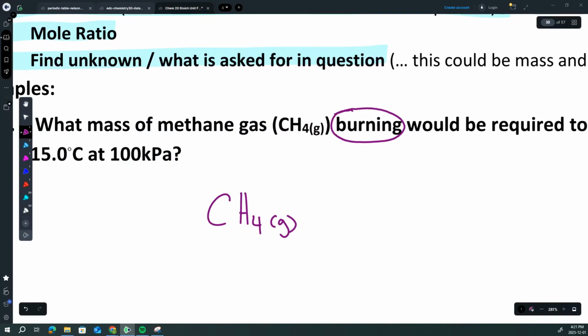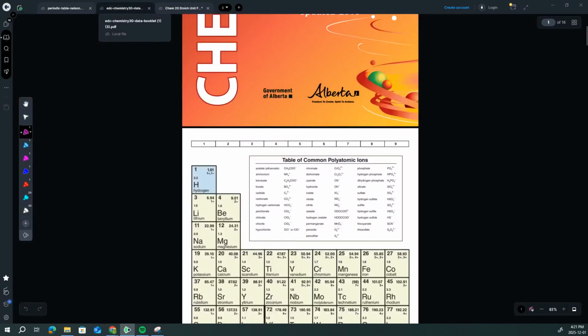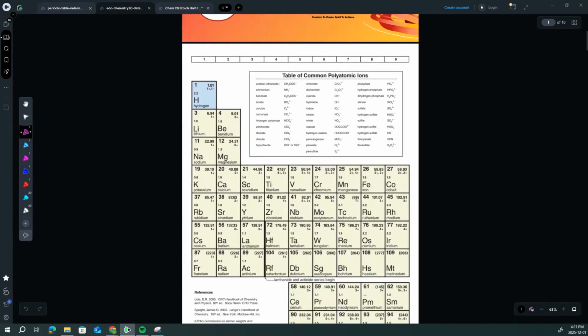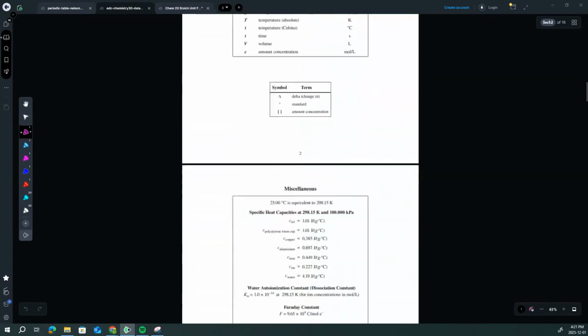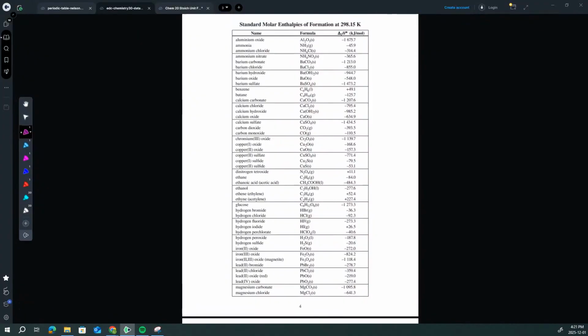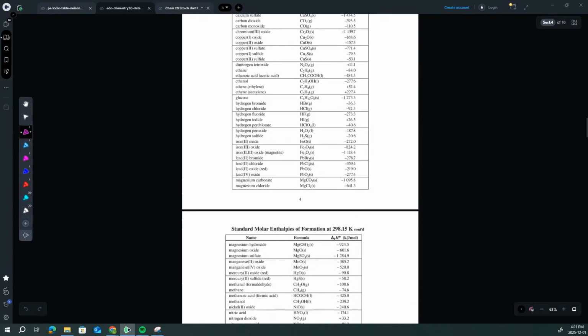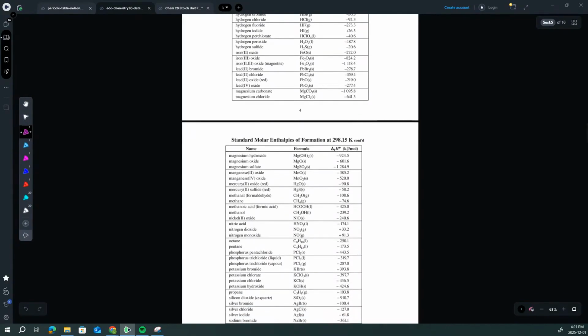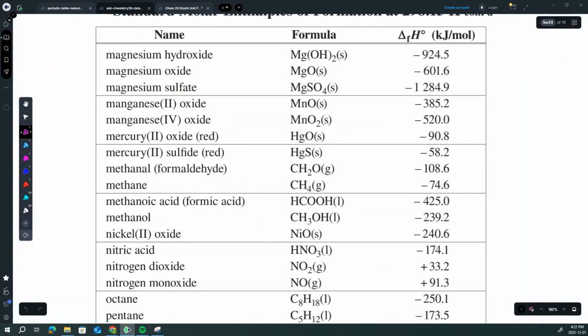Another thing with this: if they told us methane gas, but they didn't give us the formula of it, you could find that by going to your data booklet, on page 4 or 5. These are arranged alphabetically, so let's find methane here.